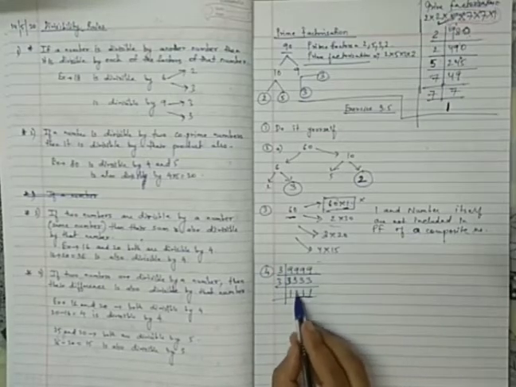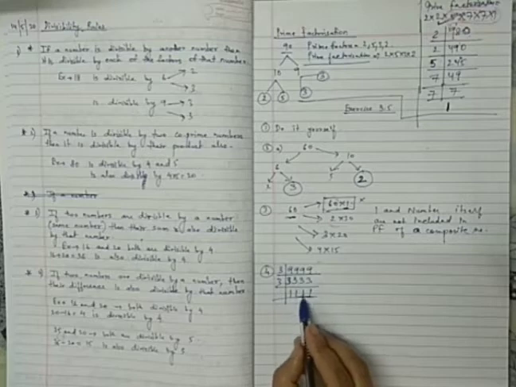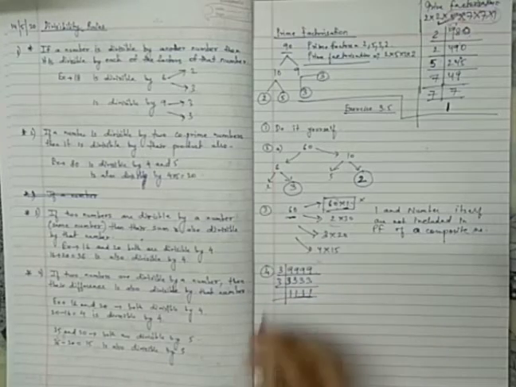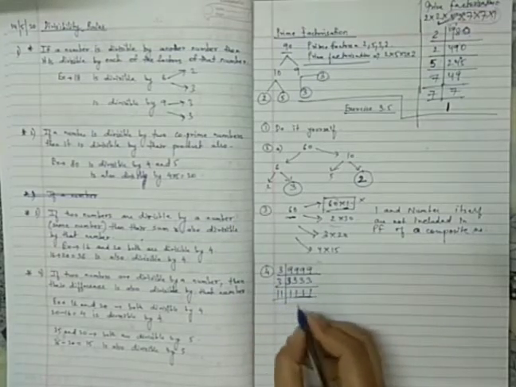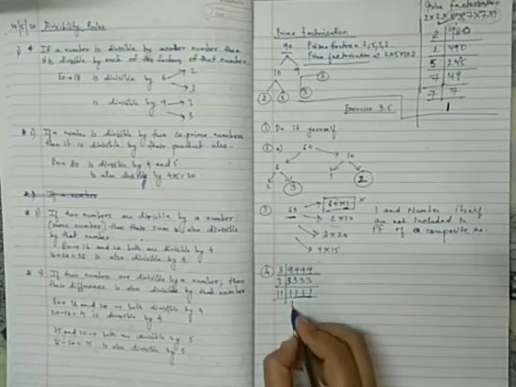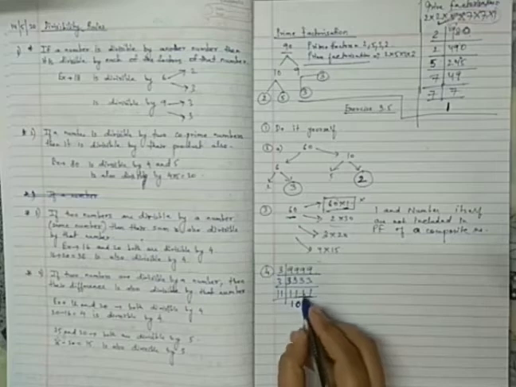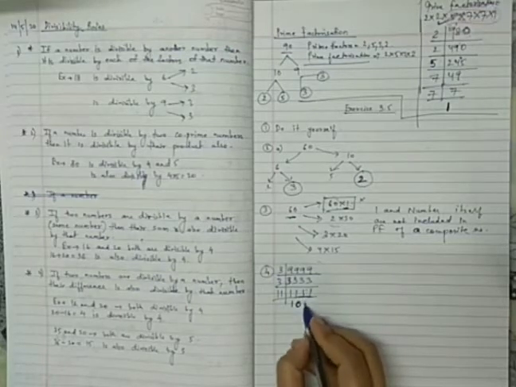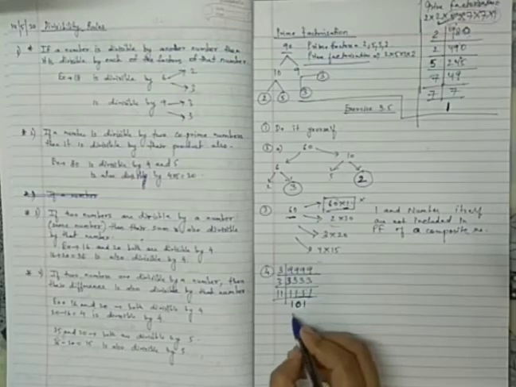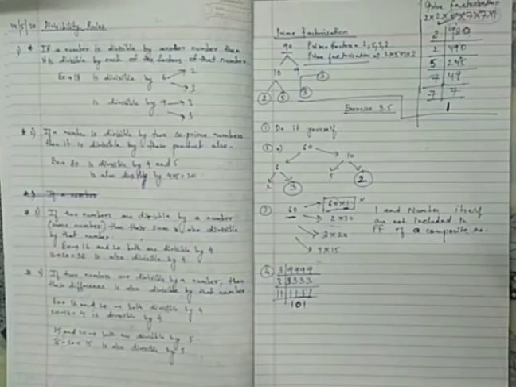So 1 plus 1 is 2 and 1 plus 1 is 2. So 2 minus 2 is 0. So this number will be divisible by 11. 11 ones are 11. Then 11 zeros are, 11 carries here. So 11 ones are 11. Now 101. 101 is a prime number. It cannot be further divided.